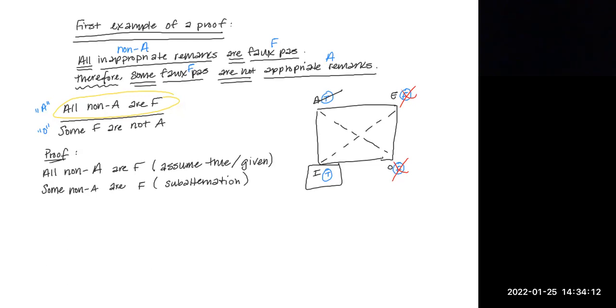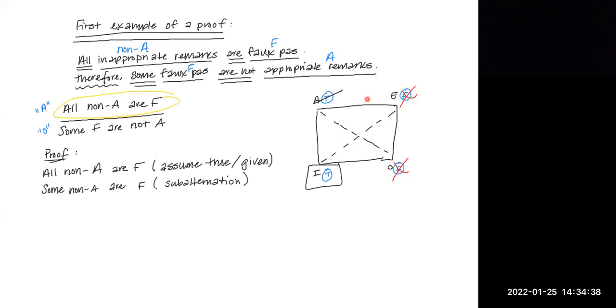Now I'm getting closer. I've got some R and I've got the right letters, but it doesn't look like my conclusion yet, so I have some more work to do. But I can be assured that, if I've used the square properly, my work will only involve some combination of conversion, obversion, and contraposition. You don't have to use all of them. You might use one, you might use two, and there might be one you hardly ever use.